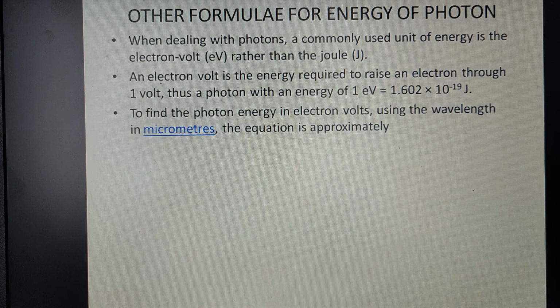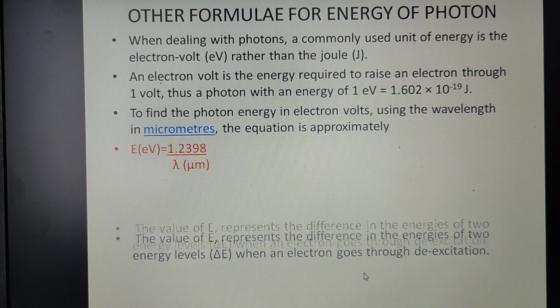To find the photon energy in electron volts using the wavelength in micrometers, the equation is approximately E in eV equal to 1.2398 by lambda in micrometers. That means later on, if you require, you convert everything into joules.